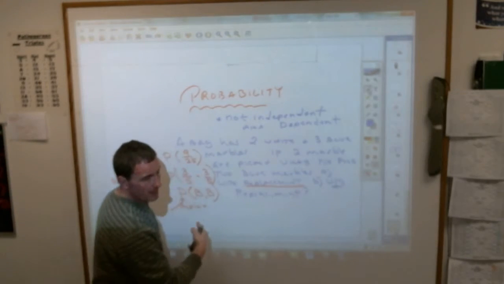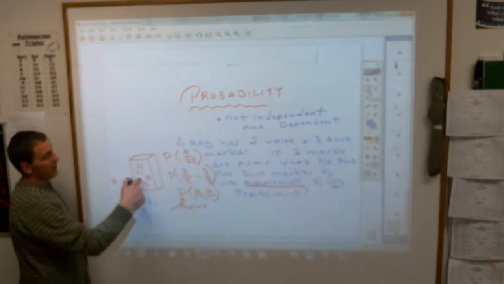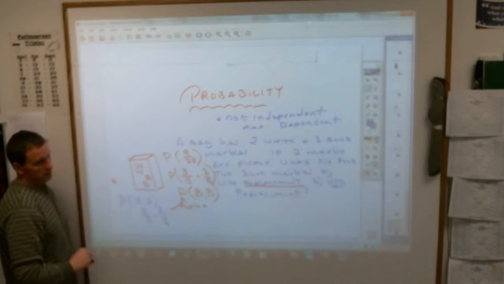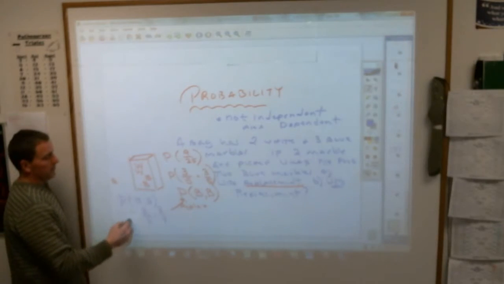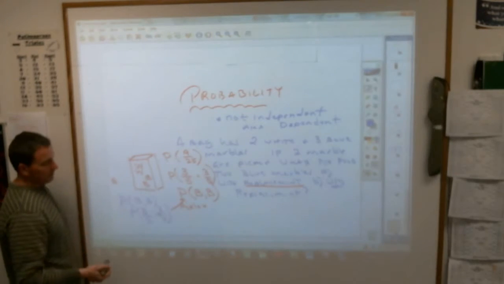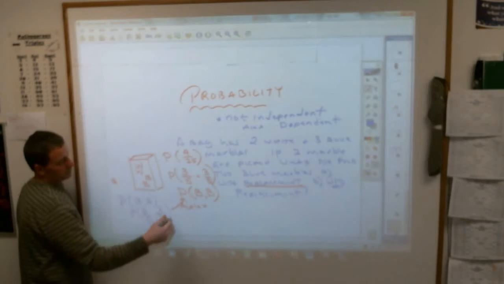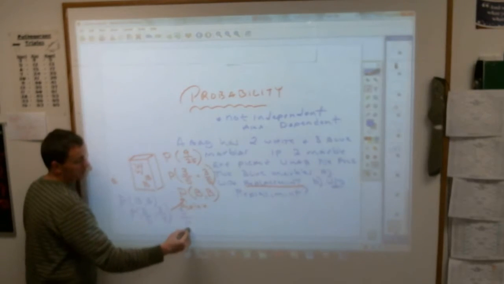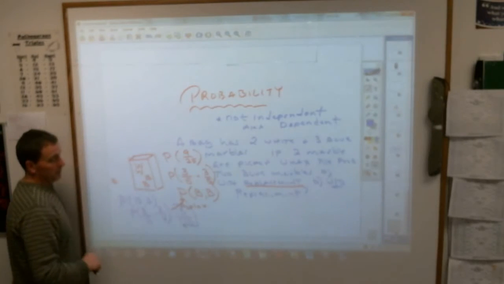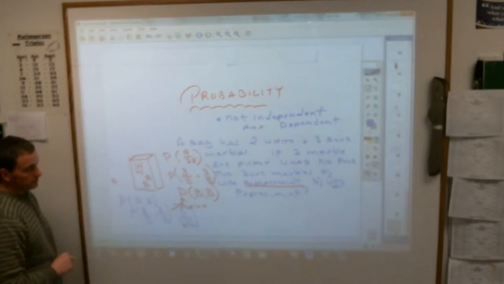Because now I don't have 5 marbles in there anymore, nor do I have 3 blue ones in there anymore. Now I have only 2 blue marbles out of 4 total marbles. So my probability, and again I multiply them like I did before, up to you if you want to reduce before or after, this is the same as 1/2. 1/2 times 3/5 is 3/10. You have a 3/10 probability of picking those blue marbles right away.